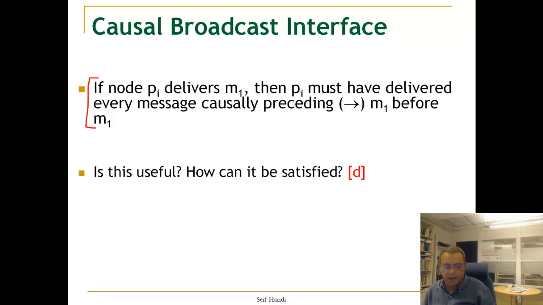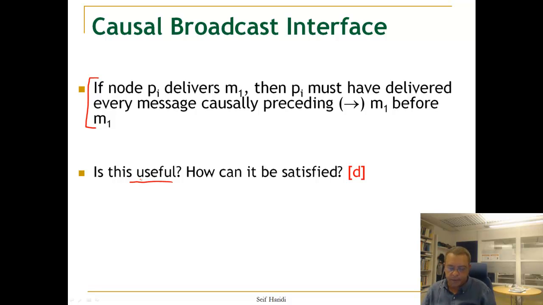One question is, does this property completely describe what a causal broadcast is, and is it by itself useful? And the question is, how can we satisfy this property?